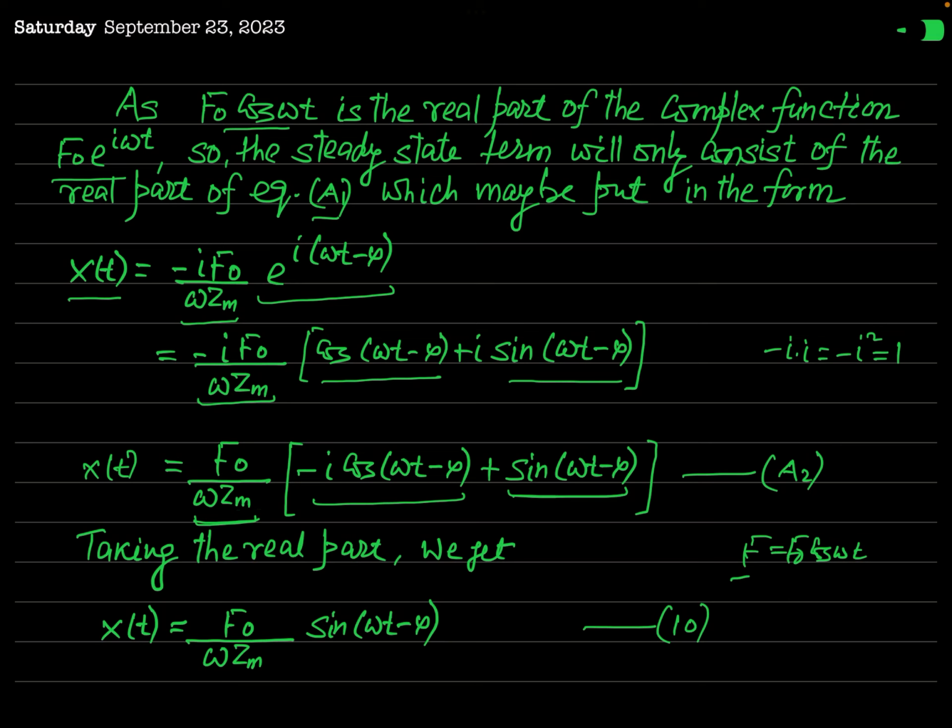So the steady state solution, when you take the force like this, will be given by x of t equal to f naught by omega zm times sin(omega t minus phi). This will be the solution, and this is the particular integral or steady state term.